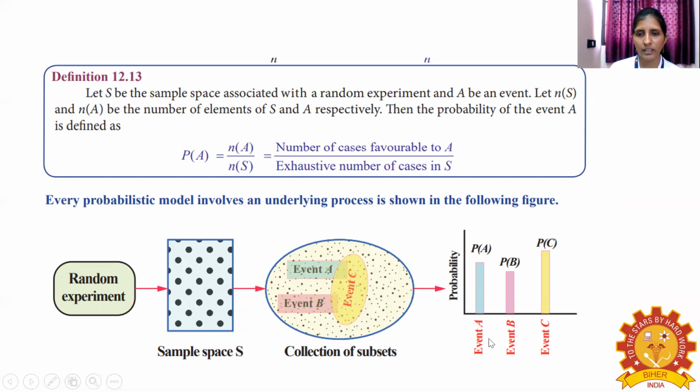The probability of A would be P of A, the probability of B would be P of B, and for event C, the probability of C would be P of C. So this is a simple procedure that we will be undertaking in this probabilistic model.